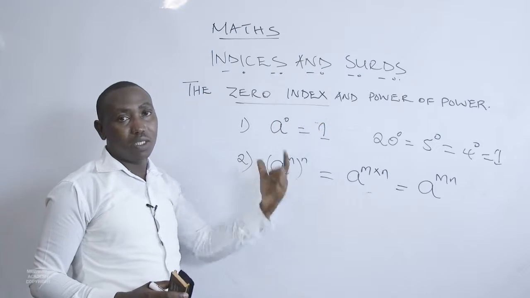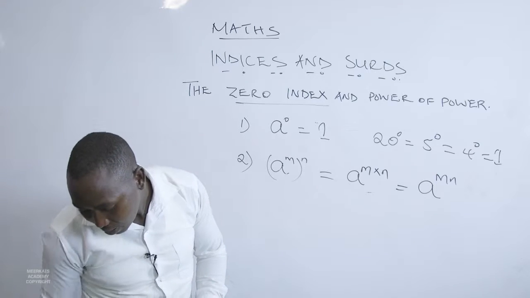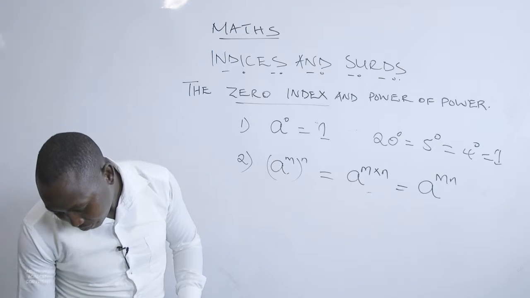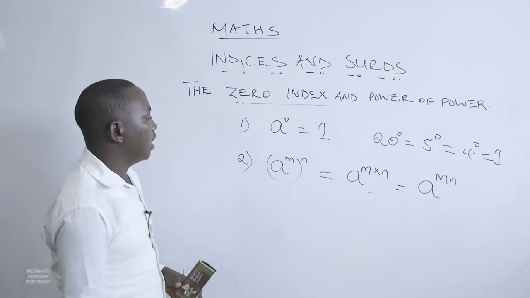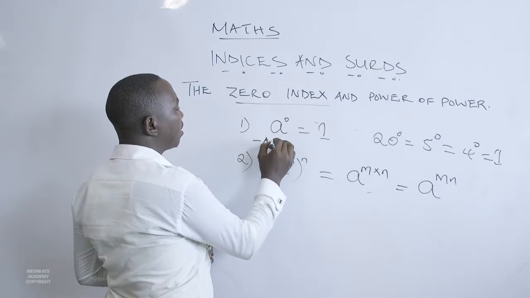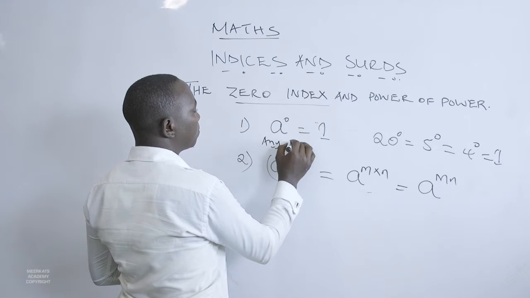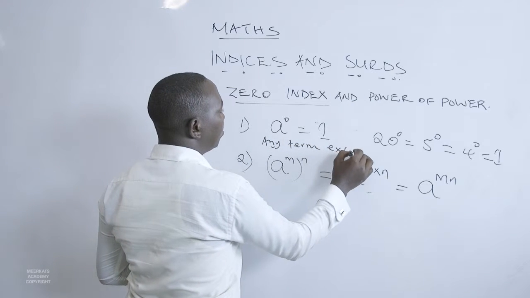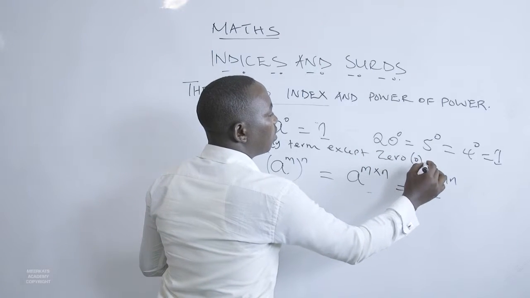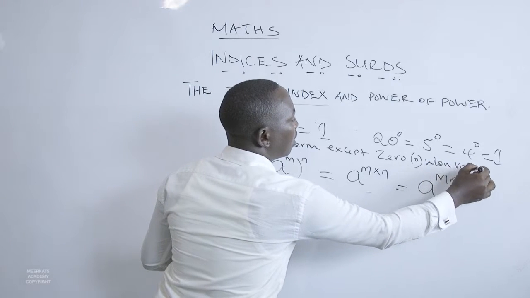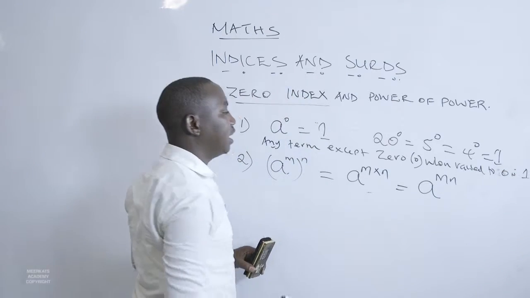Then we have said any number raised to the power of 0, that number becomes 1, not 0. So here we can say that any term except 0 itself, when raised to 0, the result is 1.